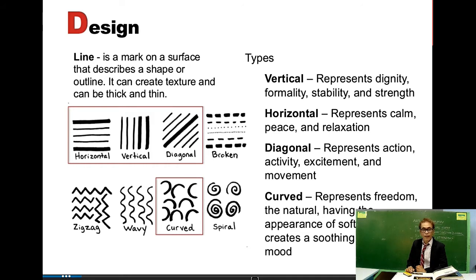Diagonal lines represent action, movement, excitement, and activity. Curves represent freedom, the natural, having the appearance of softness, and they create a soothing feeling or mood, like the new moon or crescent moon, like the edges of a leaf or the petals of a flower. Those are curved shapes.